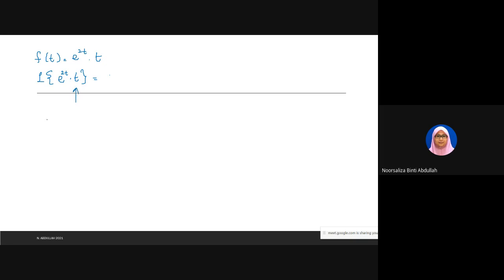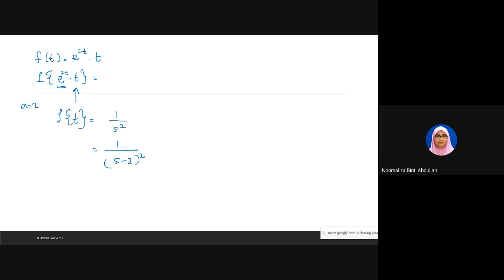You find the Laplace of t, which is 1 over S squared. Then the first shift theorem states that if you have an exponent here, with A equals 2, then this will be 1 over S minus 2 to the power of 2. This is the first shift theorem.